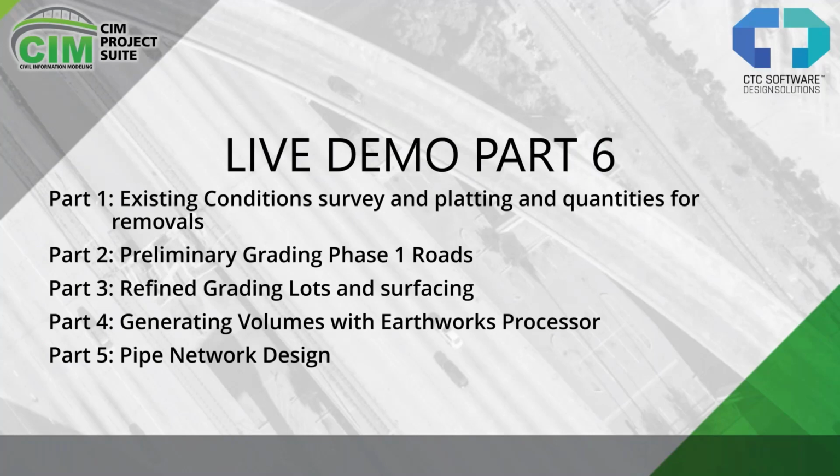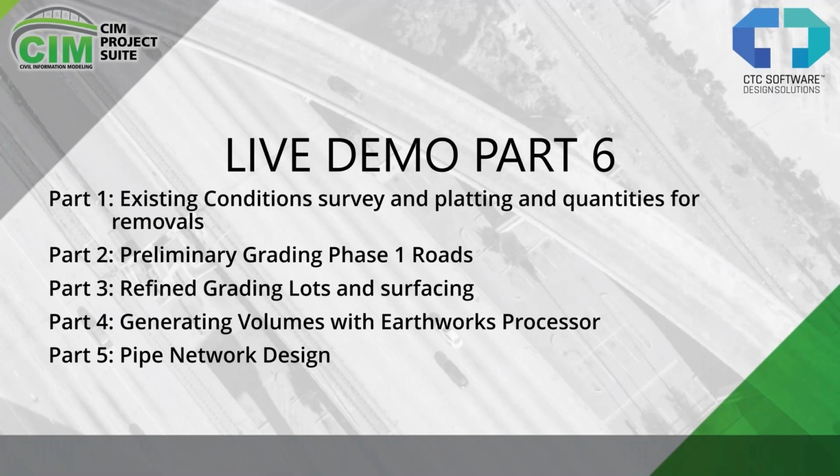So as I said, this is part 6 of our site design series. If you haven't seen any of the other ones, in part 1, we did existing conditions where we did some survey and platting and quantity removals and showed how our tools can help there.